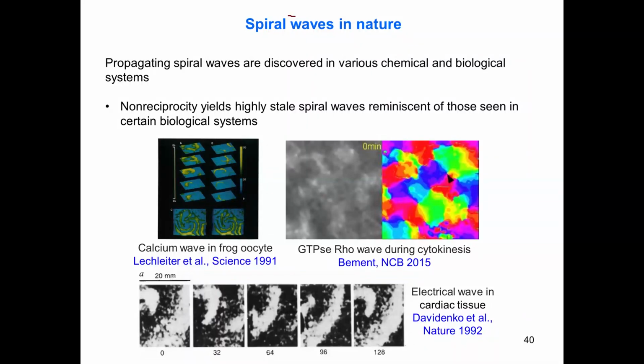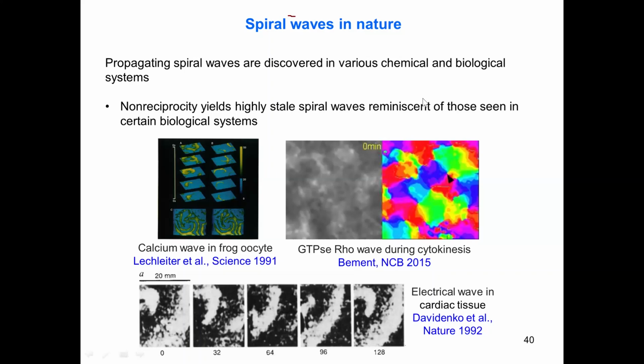Here, the spiral cores are almost stationary. It does not display any meandering motion, like those familiar in BZ reactions. Instead, it shares some similarity with certain types of spiral waves found in the cytoplasm and in the electrochemical waves in cardiac tissue.